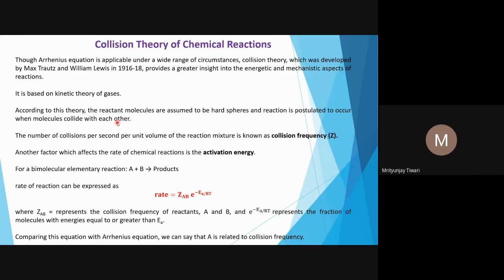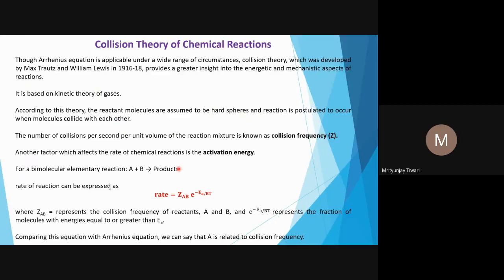If you are performing a reaction in a vessel, per unit volume, maybe per cubic centimeter, the number of collisions per second between different molecules is the collision frequency, which we represent with capital J.